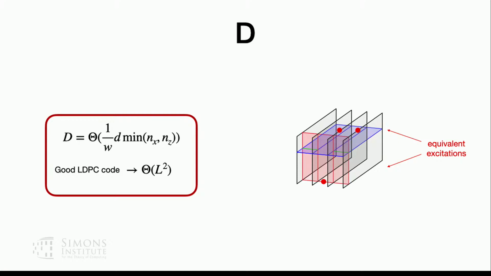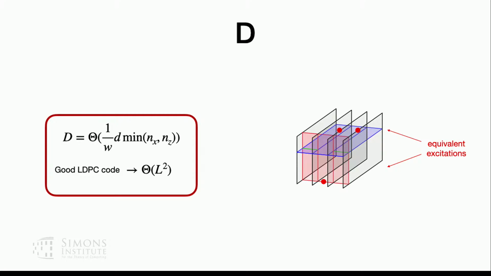So if you do a rough worst case thinking, imagine you could get a reduction of up to W from each of these layers because it touches W layers. Imagine all those strings hopped into this new layer and become a single string. Then you need only like D over W of these layers to cover the full logical. And that's the worst case. You can't do worse than that. So that's the intuition for why you get that scaling.